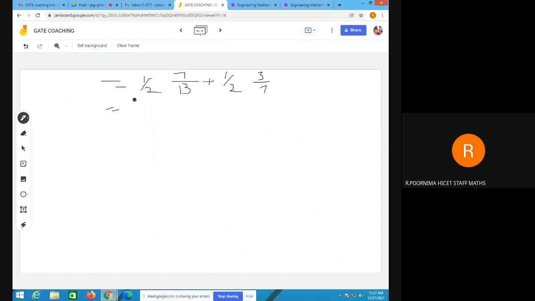If you take that 1 by 2 outside, 7 by 13 plus 3 by 7.